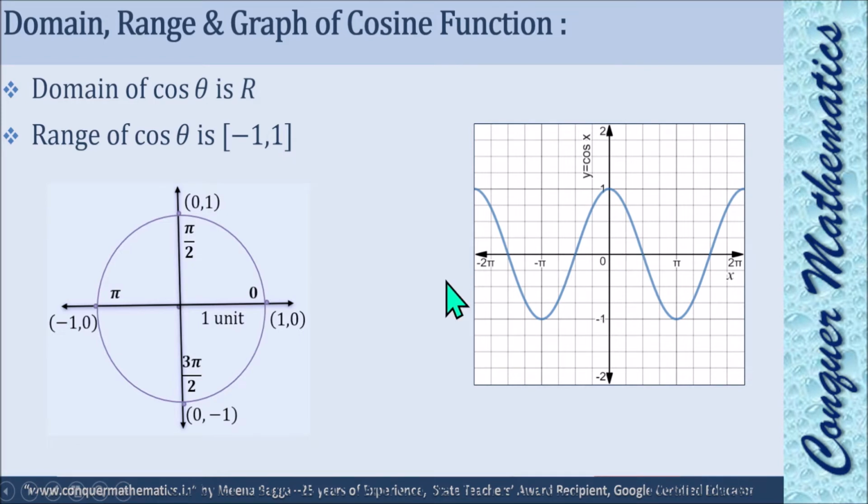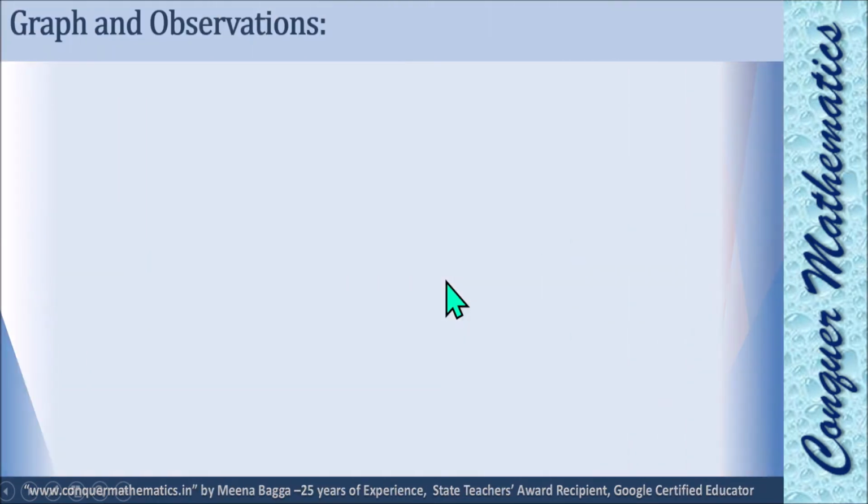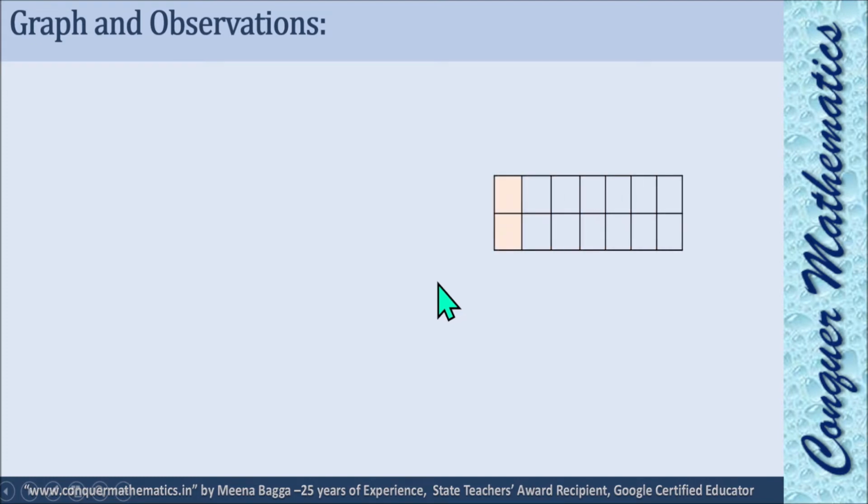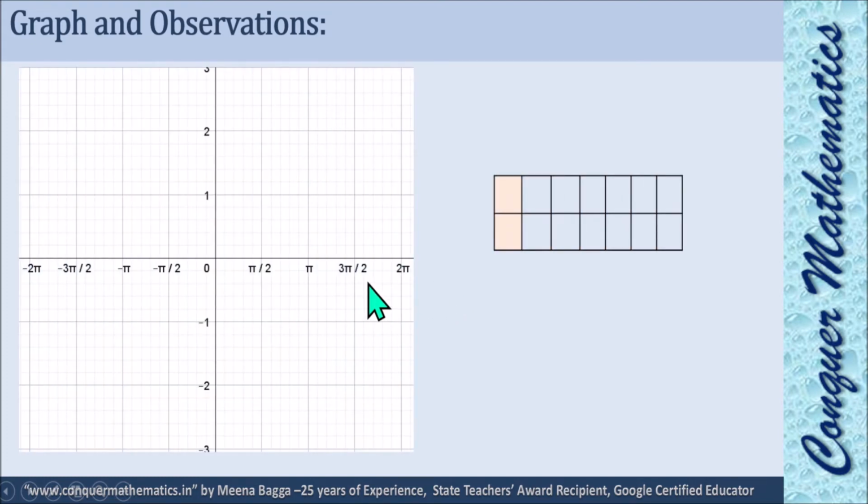Okay, let us just once draw it. One way I have already told you, just observing the increasing decreasing nature. We will discuss now on the basis of values, some values. If we are taking y is equal to cos x, if x is 0, then cos 0 means 1.